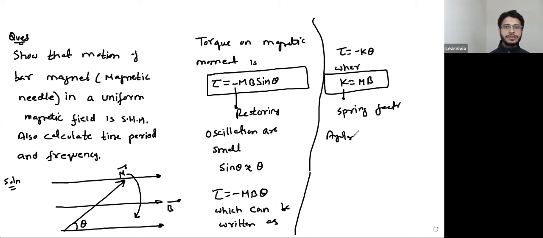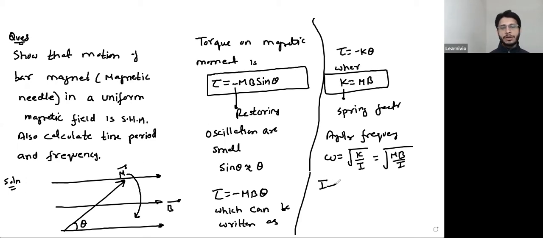Angular frequency omega of the bar magnet can be written as the ratio of k by I. Your k is mb, so it's mb by I, where I is the moment of inertia of the bar magnet.